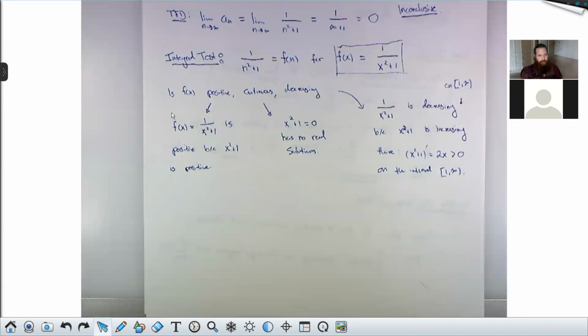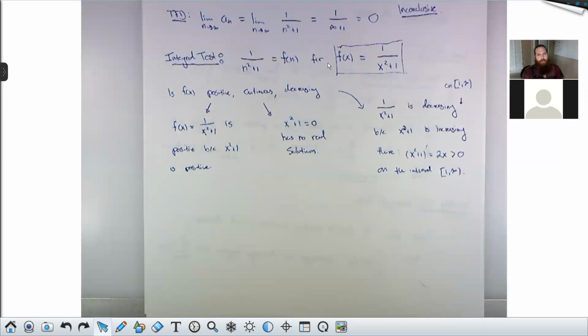So you see each of these has a little sneak, right? Instead of solving the inequality 1 over x squared plus 1 is greater than 0 to show that it's positive, I just make this little argument that, oh, it's the reciprocal of a positive function, therefore it must be positive. Continuous, instead of going through the definition of continuity for every real number, which you would run out of time because there's infinitely many real numbers, you just observe that the denominator is never 0.